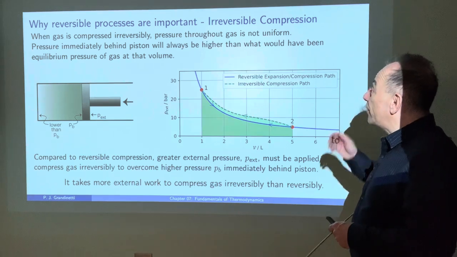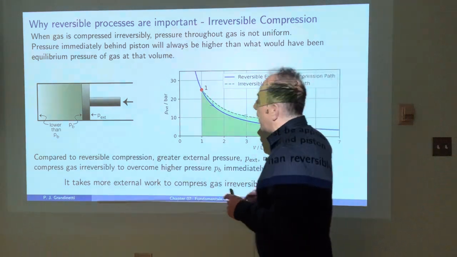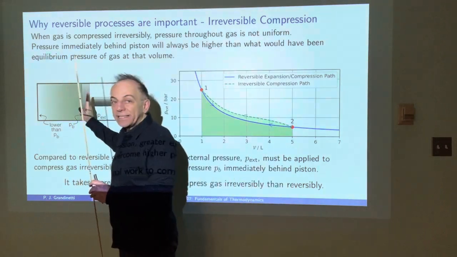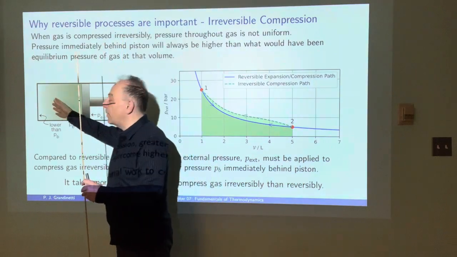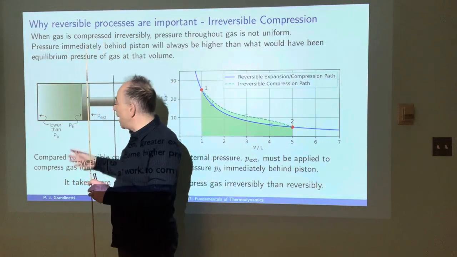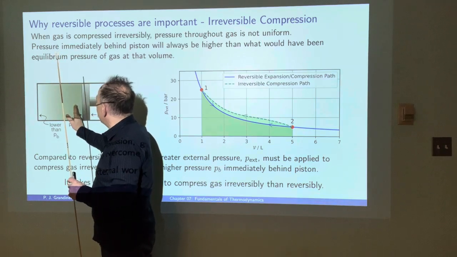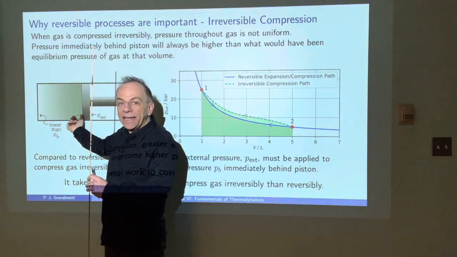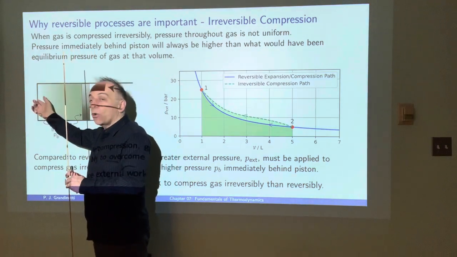Now, let's consider what happens when you do irreversible compression. Now, in that same piston cylinder apparatus, if I start pushing this piston in, but I don't do it slowly enough that I remain at equilibrium over here, then what I expect to happen is that immediately after I start pushing, there's going to be a higher density of gas immediately behind the piston than there is over here further away from the piston.